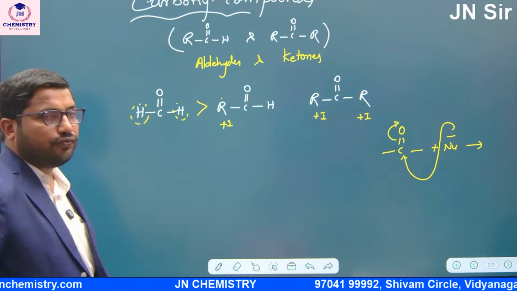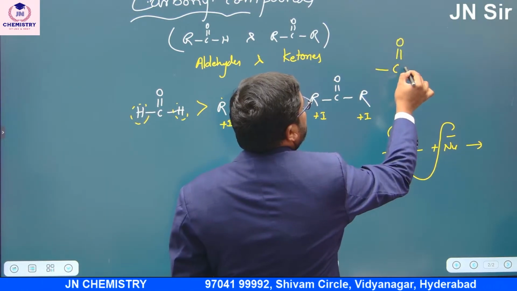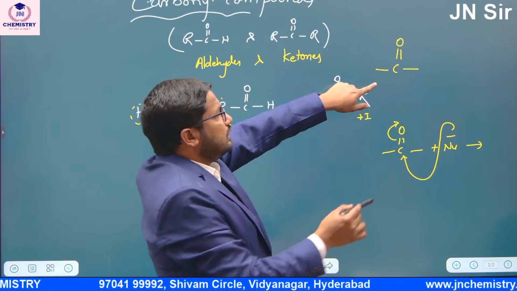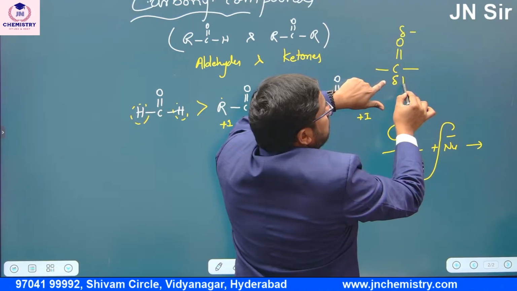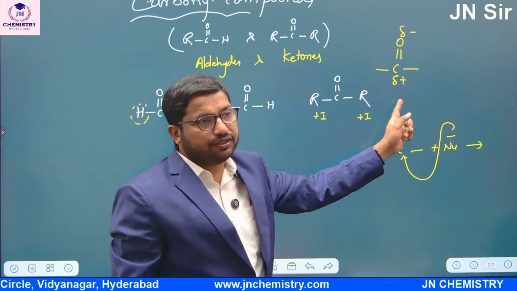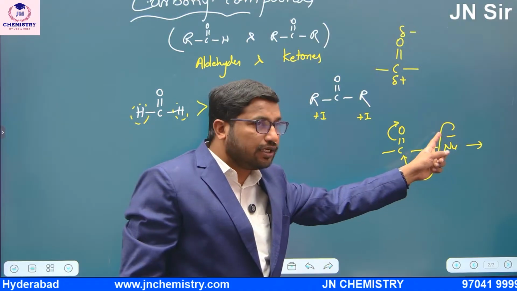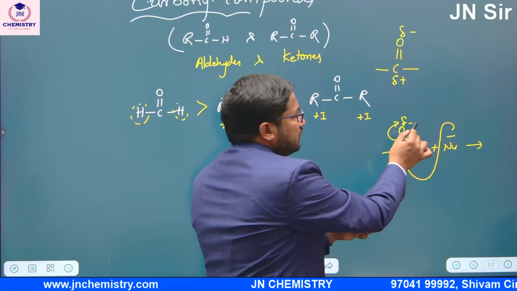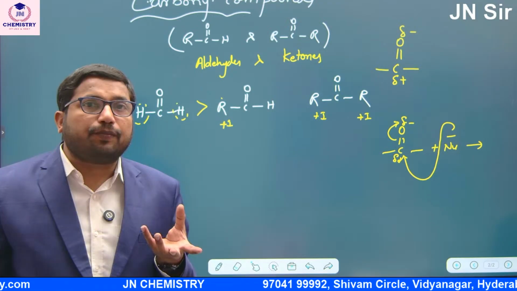Why? In the carbonyl group C double bond O, oxygen is more electronegative than carbon, so oxygen gets a partial negative charge and carbon gets a partial positive charge. The nucleophile is negatively charged, so it comes and attacks the carbon, because carbon has somewhat positive nature.